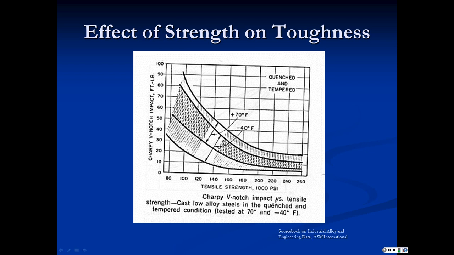And so if we think about a Griffith flaw, that ought to hurt our toughness, and in fact, that's what we see. As your tensile strength goes up, your Charpy V-notch energy, which is one of your measures of toughness, drops. Okay, and this is somewhat quadratic, it looks like. Definitely nonlinear. And so this is why we don't use the strongest material possible.